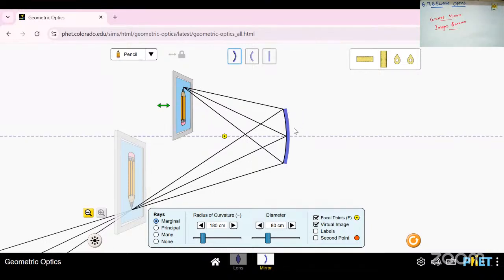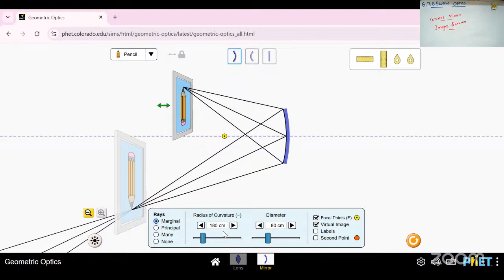Pencil is the object. This is the mirror. When the light rays pass through that area, the light is reflected. The image is formed on the opposite side. Inverted images are formed here. The inverted images are formed in the plane mirror.